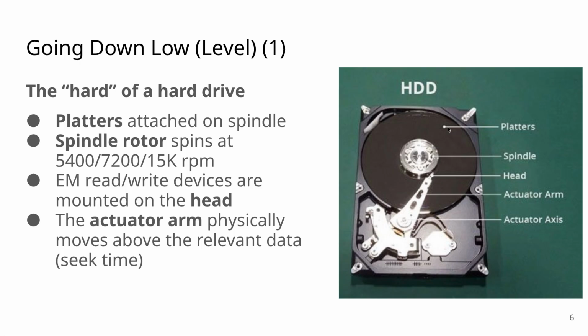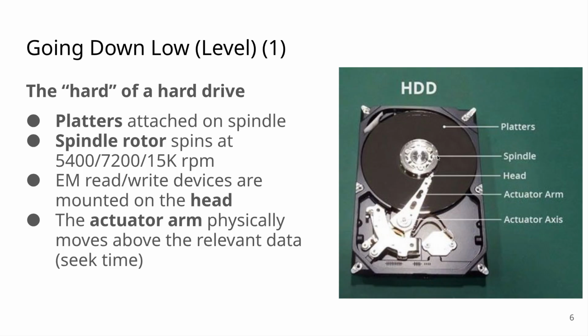We have, for example, the platter. The platter is this magnetic surface around here that looks like a vinyl, only it responds to magnetic inputs, and you can actually measure its magnetic properties and get an output out of it.